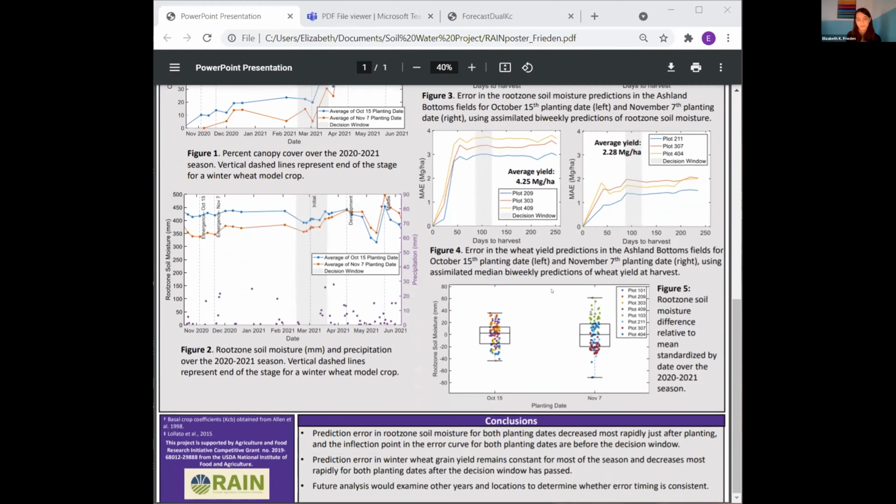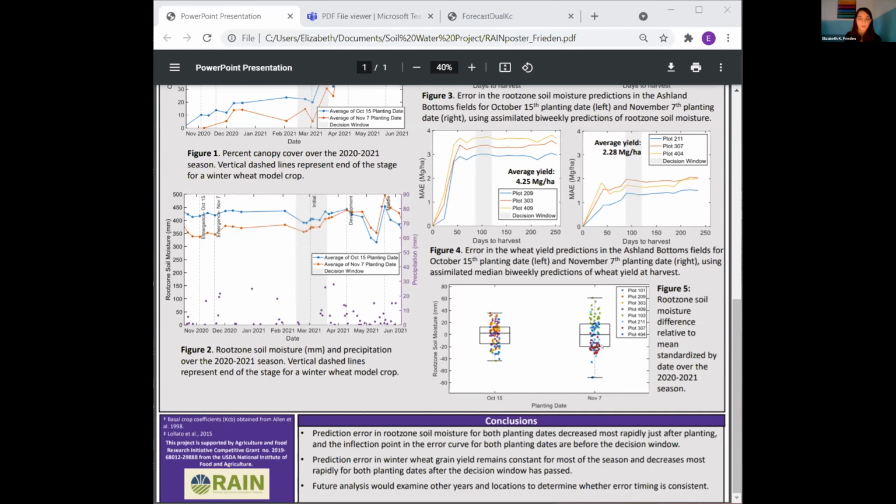And this last figure is just meant to check whether the replications of the experiment can be accurately compared based on their characteristics. So you see the root zone soil moisture differences compared to the mean over the course of the season. As you can see, there's a fair amount of spread in each of the two graphs, with a wider spread in the November 7th planting date. You can also see in the November 7th planting date, the root zone soil moisture for the plots is fairly stratified.